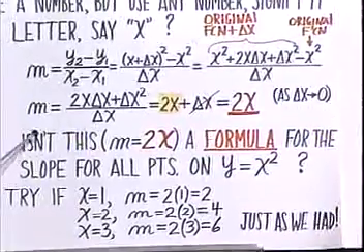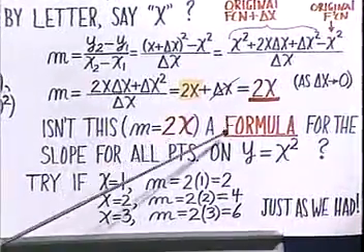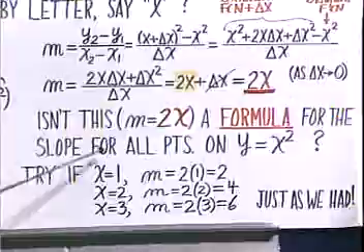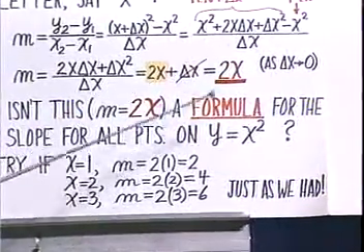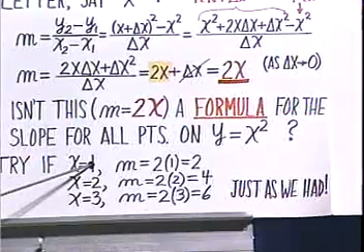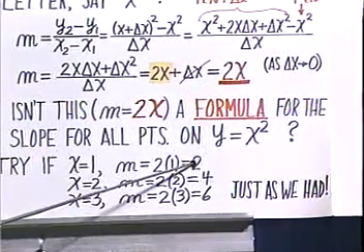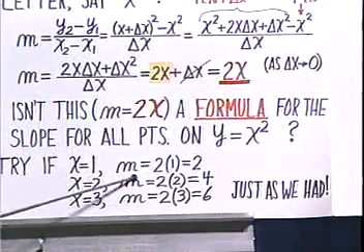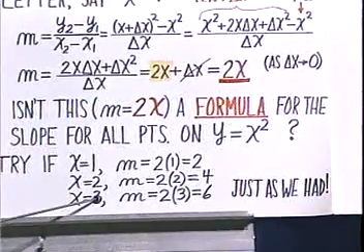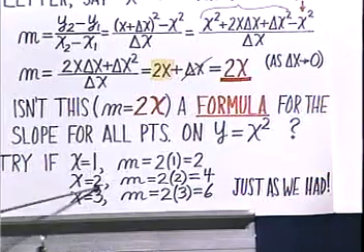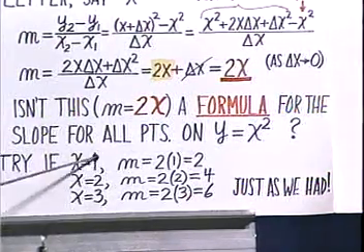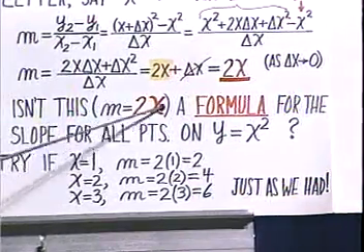Now, isn't this m equal 2x a formula for the slope for all points on y equal x squared? Well, let's see if it is. Remember, at x equal 1, we found the slope was 2. At x equal 2, we found the slope was 4. At x equal 3, we found the slope was 6. You can see that each one of these are double what these are, just as this formula says.